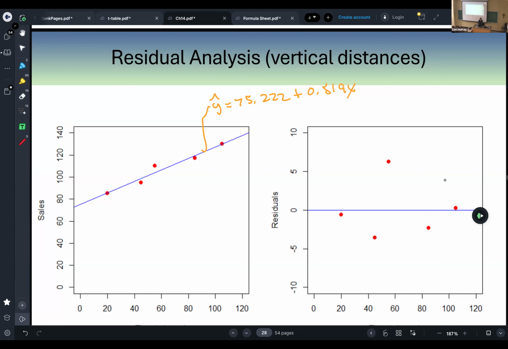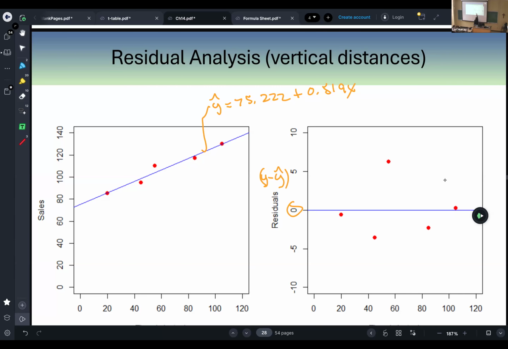I tried to do this in the software so that the blue line becomes horizontal on the plot on the right. So just imagine the line straightening out into a horizontal line centered at 0. On the y-axis, you have y minus y hat. That's what all these values are.